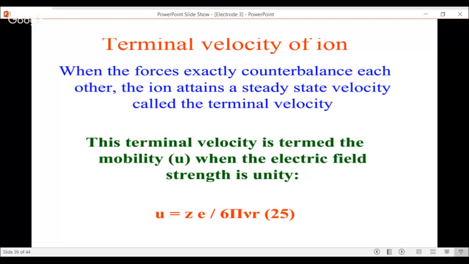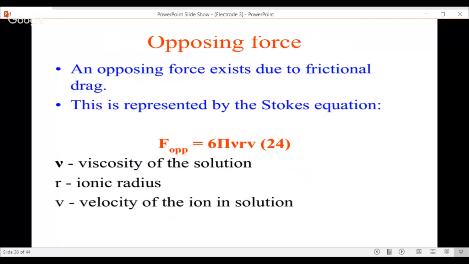So mobility mu is given by Z e over 6 pi eta r. Z is the number of charges on an ion, e is the electronic charge, eta is the viscosity, and r is the ionic radius.